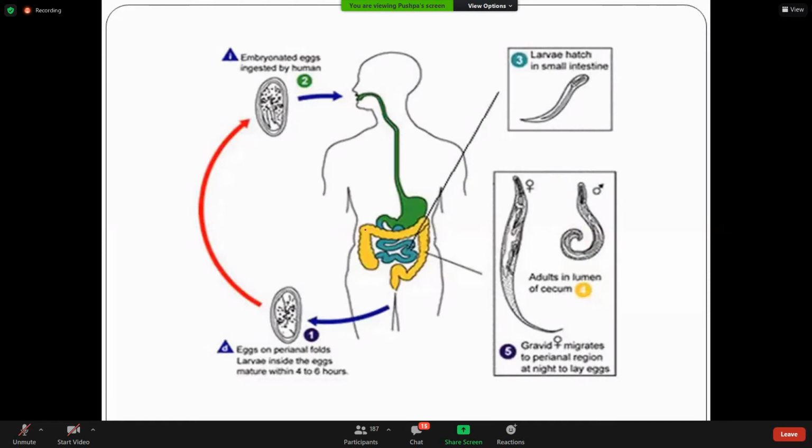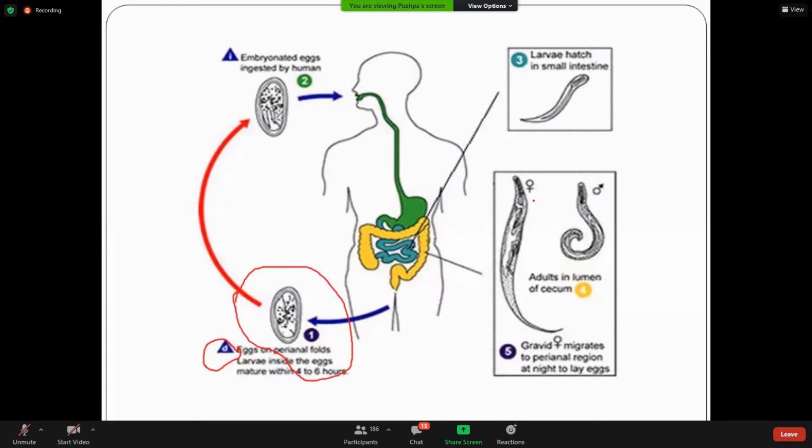Okay, so here it is. The eggs are released in the environment, which is a diagnostic stage here. And if embryonated eggs are ingested, because the patient is scratching the anal area, and if the hands are not washed and proper hygiene is not observed, then they can lead to auto-infection.